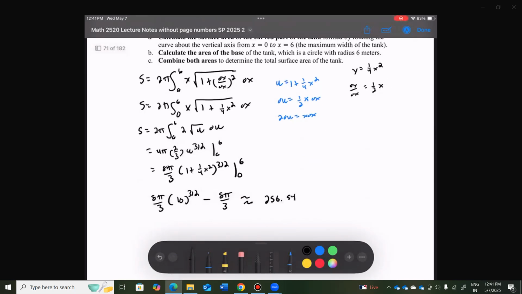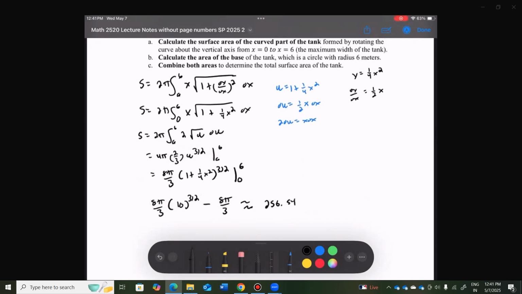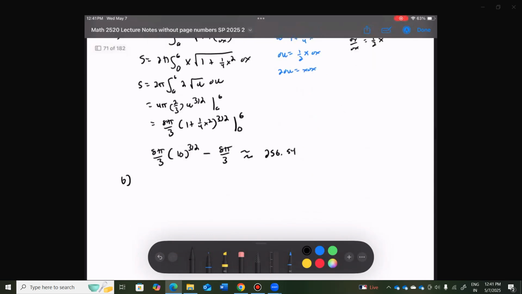Okay, now we want to calculate the area of the base. So this is A. B is a little easier. It's a cylinder, so the area is pi r squared, r being 6, since it goes from 0 to 6, so pi times 6 squared, 36 pi.